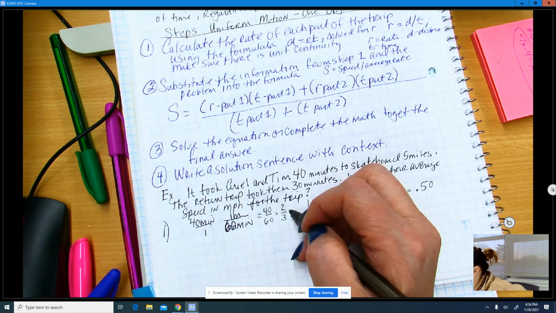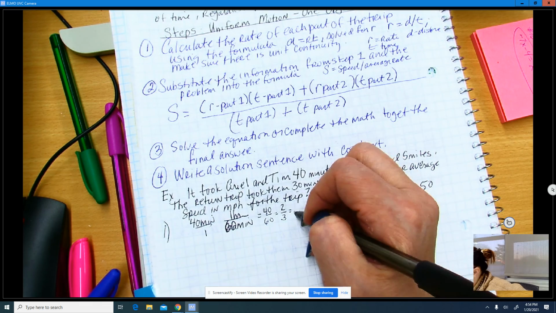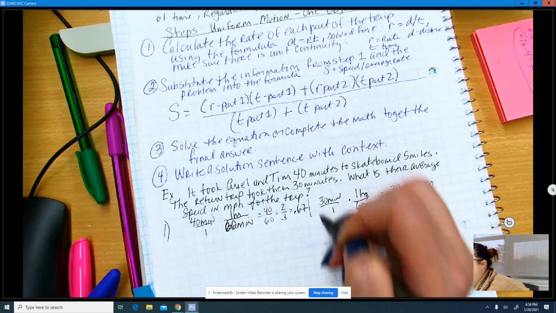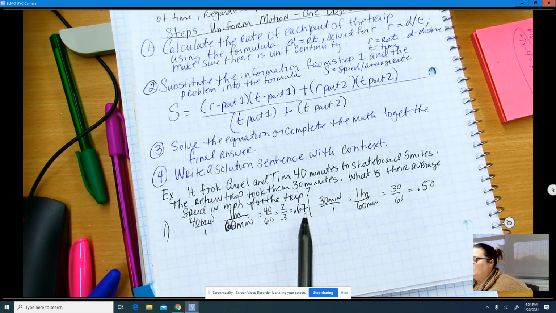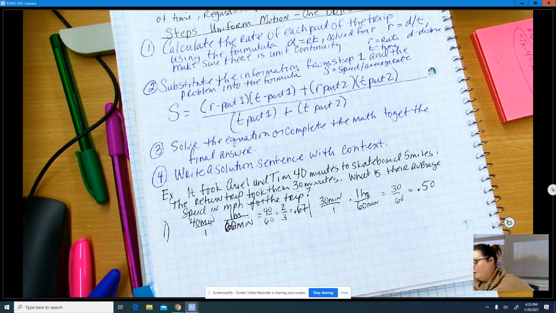And if I divide that, 2/3 is 0.666667. So I'm just going to round this to 0.67. So 40 minutes is actually 0.67 of an hour. Half an hour is half of an hour. I'm converting that because that's what my final answer asked me to do. If I wanted to, I could find their rates per minute and then convert it to miles per hour. But I just converted it to start off.